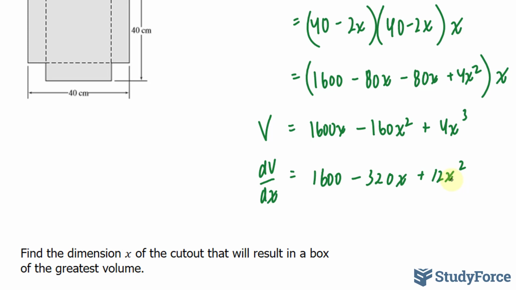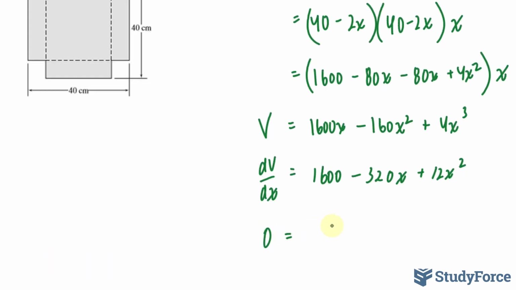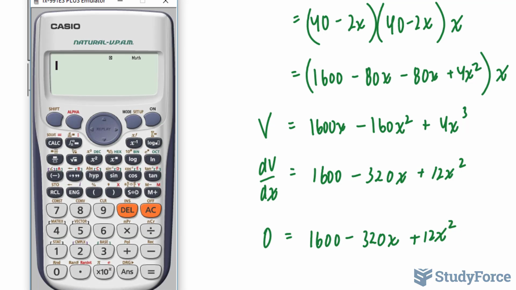This looks like a quadratic equation, so you'll need to likely use the quadratic formula. Let's see if that's the case. 0 is equal to 1600 minus 320x plus 12x squared. This could get a little bit messy, although it's 100% doable. I'm going to use a function on my calculator that will find me the roots of a quadratic. And I'll substitute my values of a, b, and c.